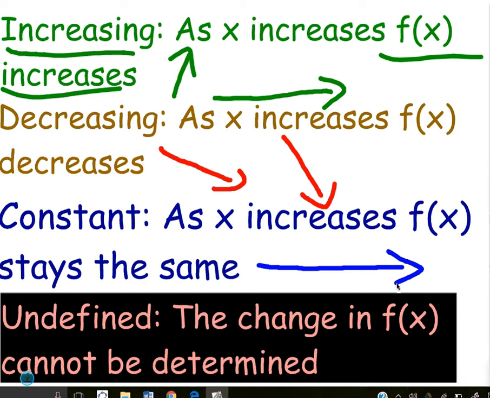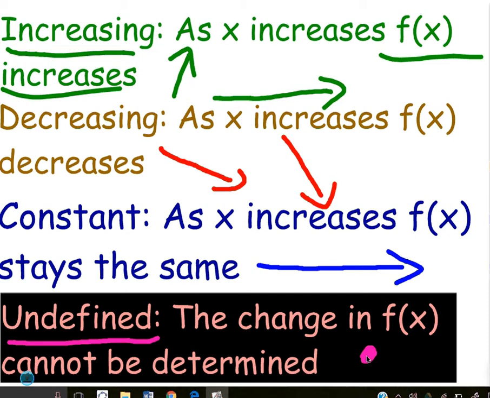Now, sometimes we can't even define the change in the y value. When we cannot determine the change in the y value, we say that it's undefined. An example of that would be a single point by itself. If you just had one point on the graph, why would the change in y be undefined? Well, that's because there's no points around it, right?